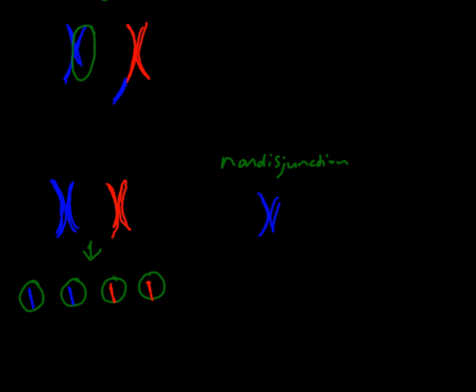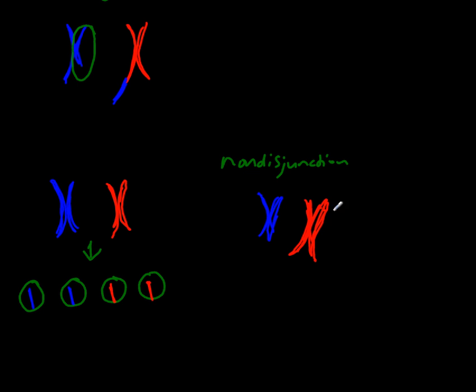Let me just draw it out first. Here's mom's chromosome, and this is a pretty bad drawing, but you get the idea. Let's say that, instead of separating out properly, these 2 chromosomes here don't separate.